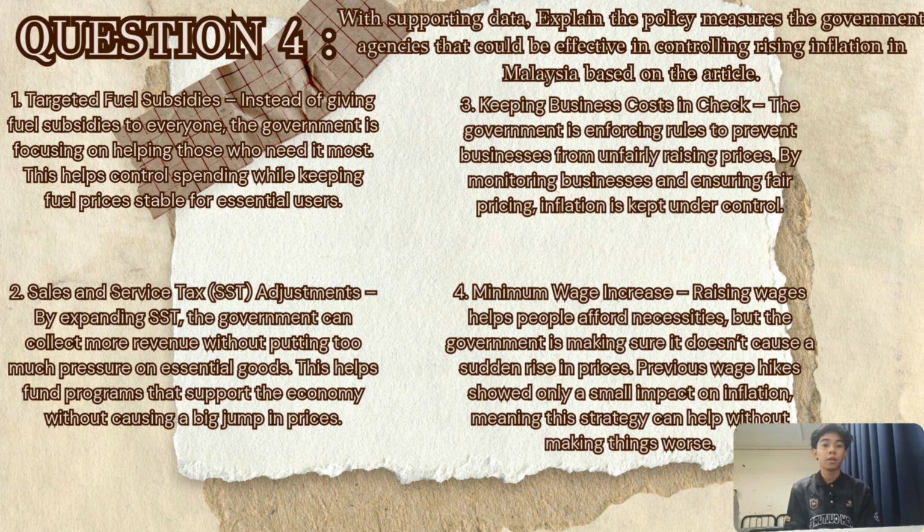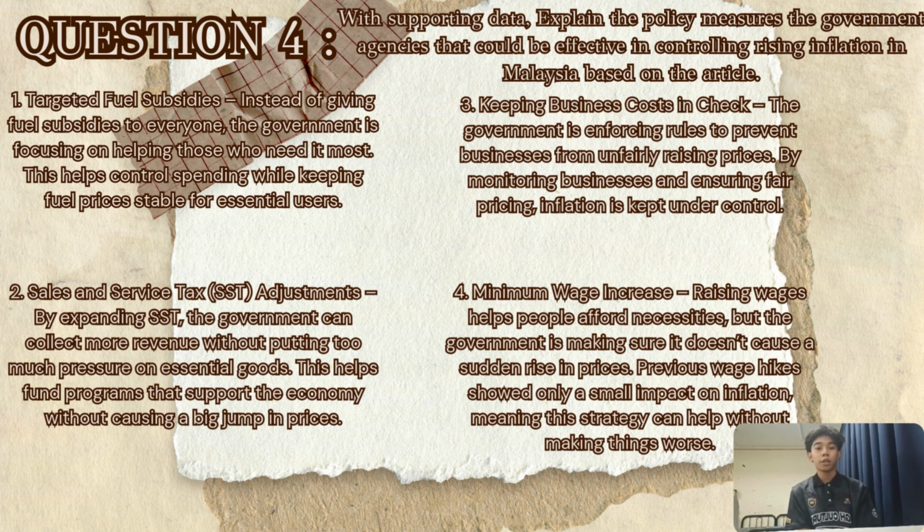First, we are implementing targeted fuel subsidies. Instead of providing fuel subsidies to everyone, we are directing assistance to those who need it most. This approach helps us manage government spending efficiently while keeping fuel prices stable for essential users.